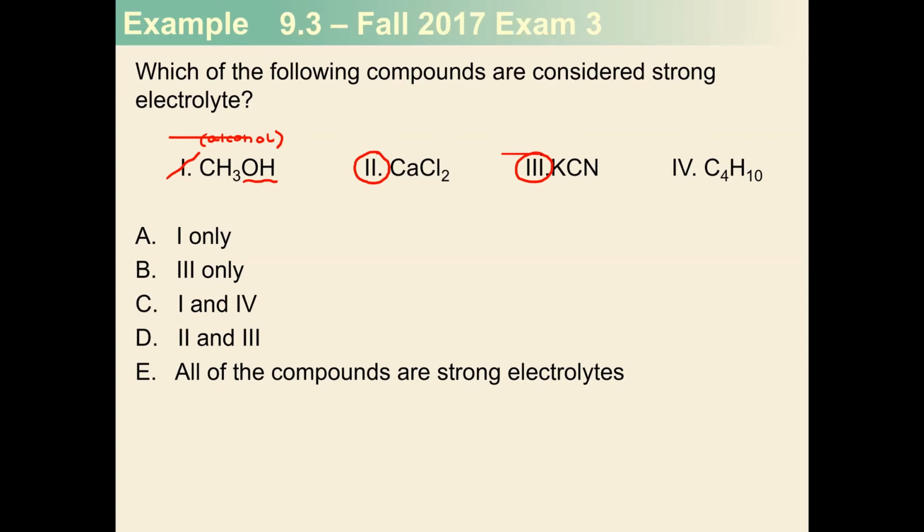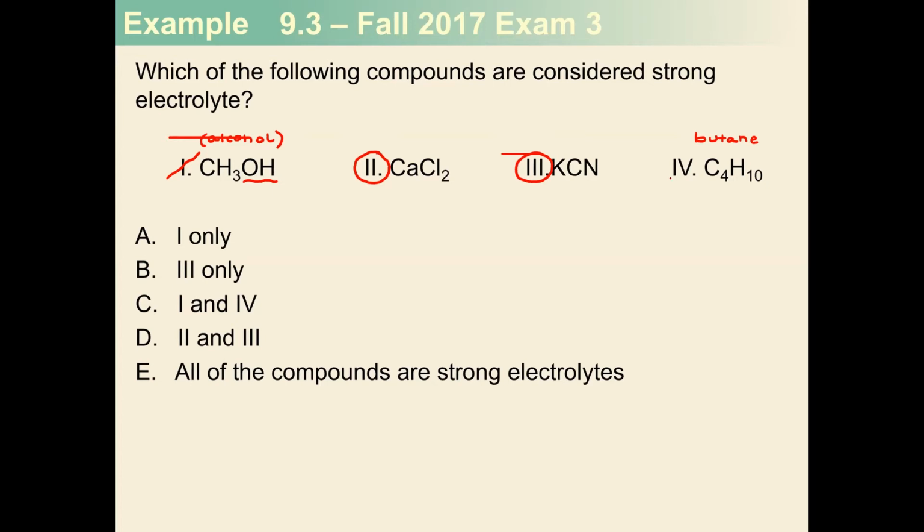Let's go ahead and look at answer possibility number 4. I have C4H10. This is actually butane and is a hydrocarbon you're going to see in organic chemistry. As you saw on the list that we had before, this has the best likelihood of being a non-electrolyte because it doesn't fall into any of the other categories of being an acid, a base, or an ionic compound.